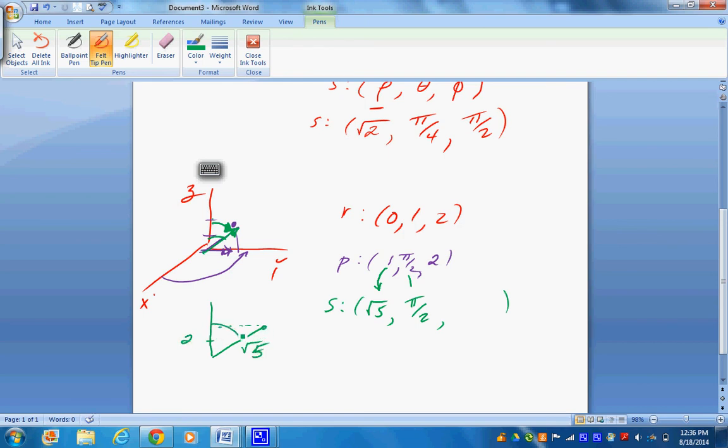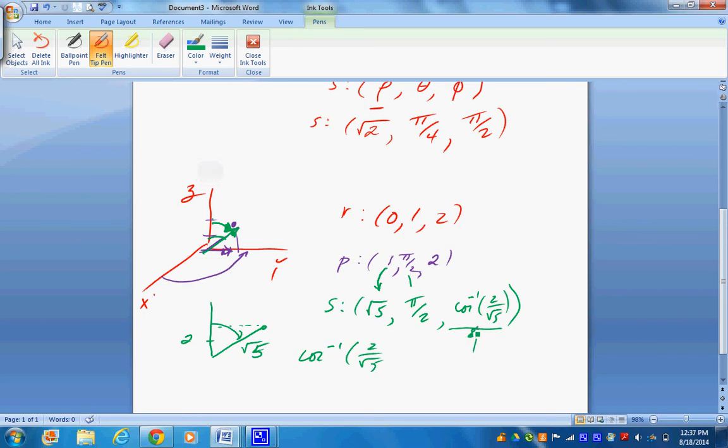So what is this angle here? Well, it looks like it's the inverse cosine of 2 over the square root of 5. And I could use my calculator if I want to approximate that, but I'm going to stay with this exact answer. And now I'm finished.